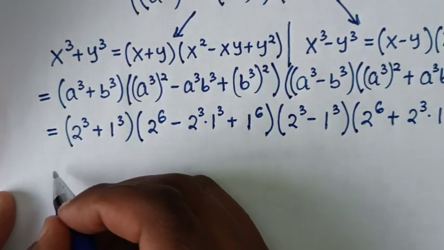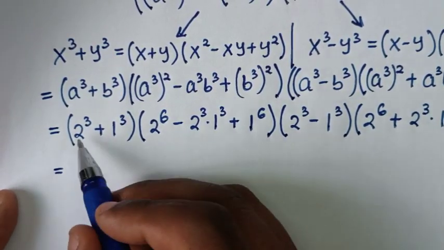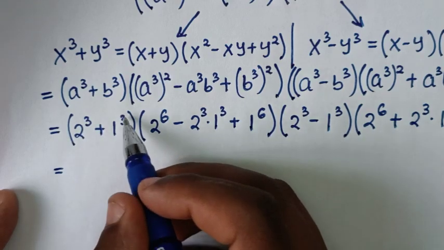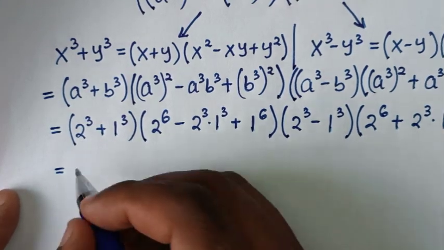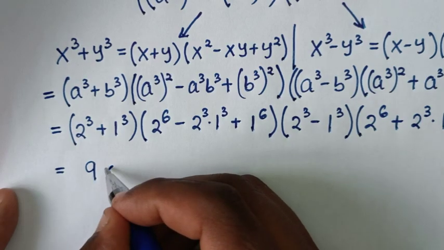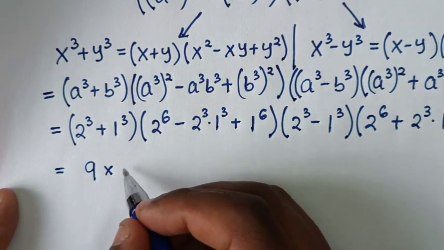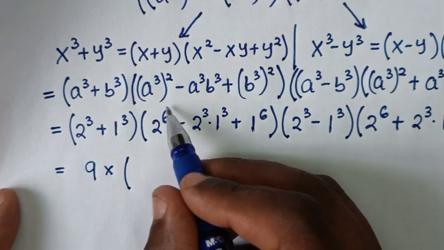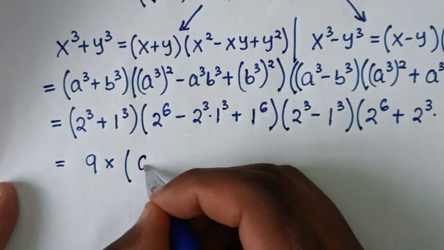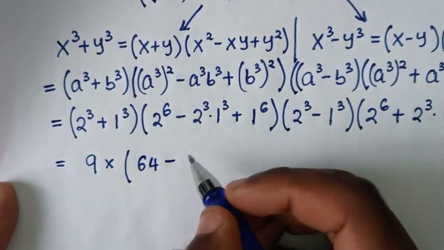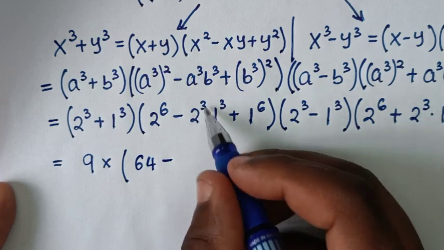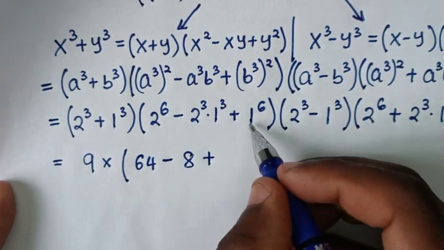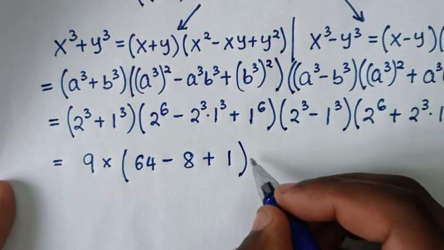Then in the next step, 2^3 is 8, 1^3 is 1, so 8 plus 1 is 9, then times, here we place this bracket because this is long, 2^6 is 64, then minus 2^3 is 8, 8 times 1 is still 8, then plus 1^6 is 1, bracket.